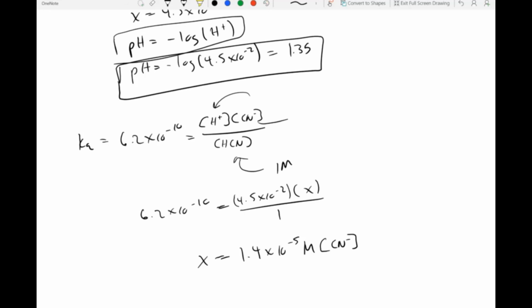And again, the concentration of hydrogen cyanide at equilibrium is just 1 molar, because since it's a weak acid, only a small amount of it will dissociate. Essentially, we can just say that the same molarity of it will be present at equilibrium. In this case, it will be 1 molar. And solving for it just gave us 1.4 times 10 to the negative 5th molar.